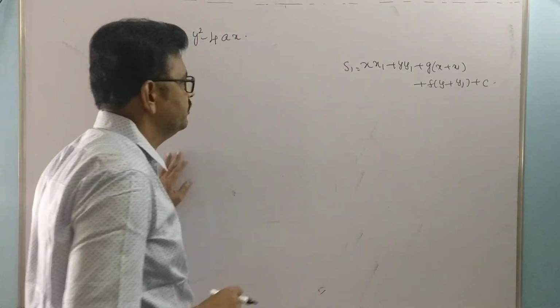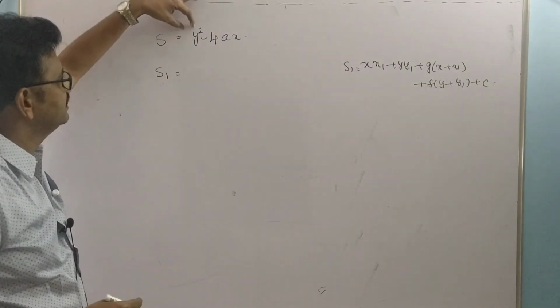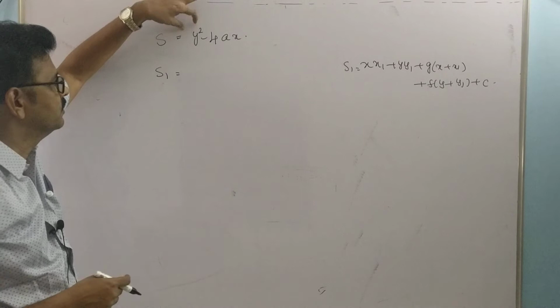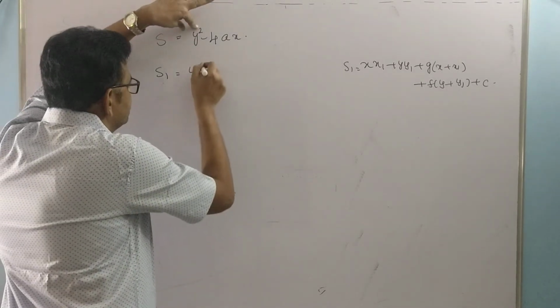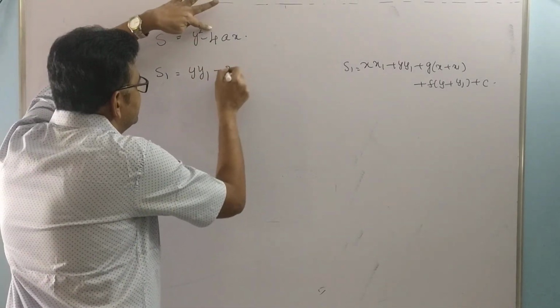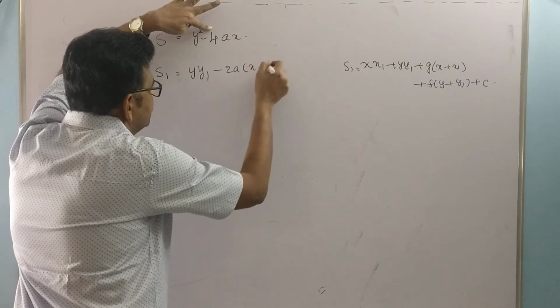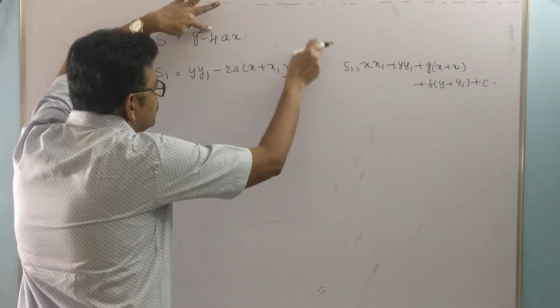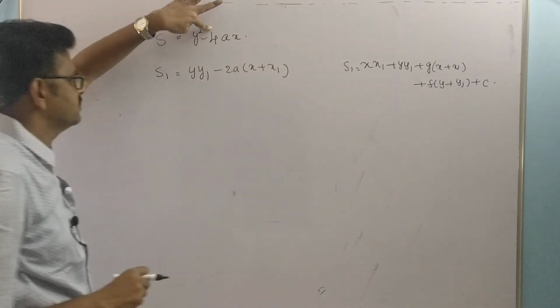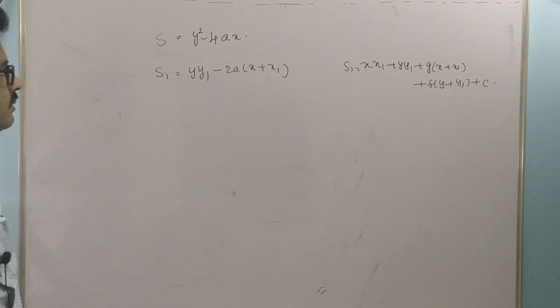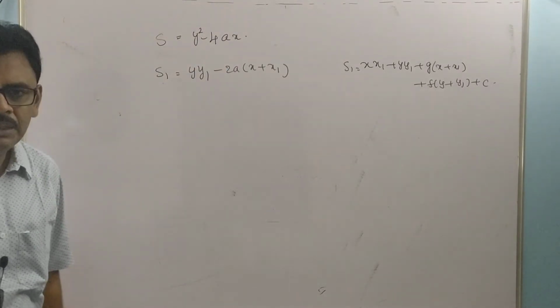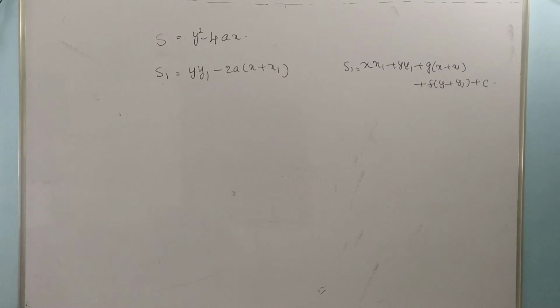Same as parabola: xx1, there is no x square term, so that is 0. yy1, g means 2a into x plus x1, there is no y term, there is no constant term, simply this is S1: yy1 minus 2a into x plus x1.